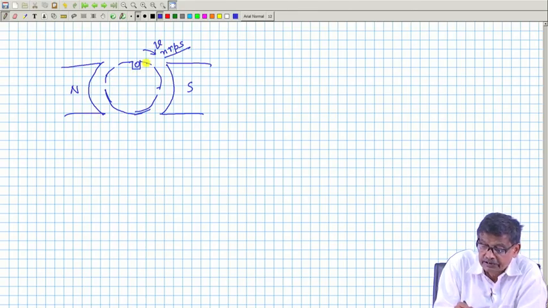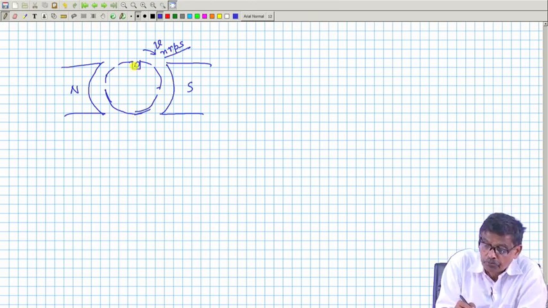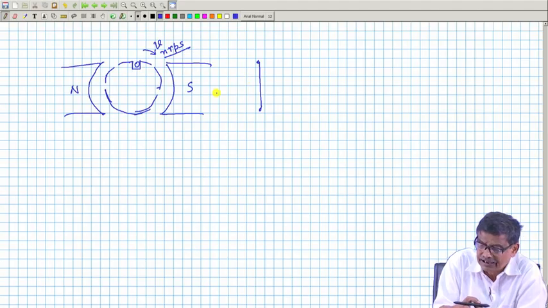If this conductor makes a complete 360-degree rotation, your output voltage across this conductor, means across this coil side, other coil side I have not drawn, I could also draw that.